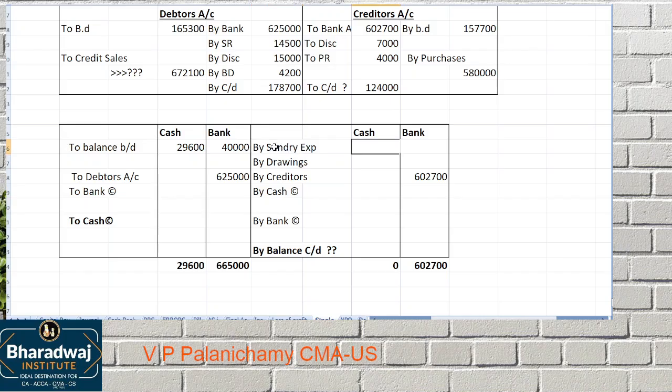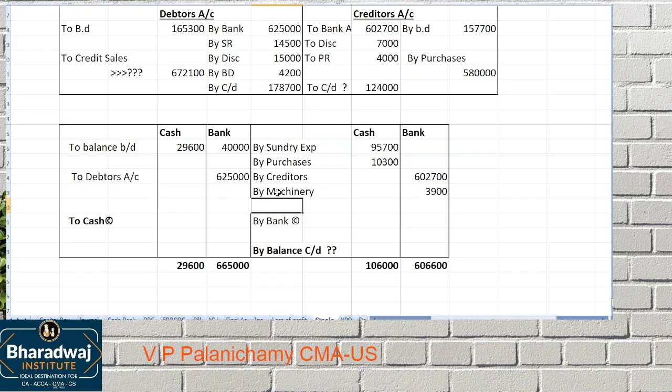How much is paid in cash? 95,700 spent in cash, paid. And then purchases for cash. How much? 10,300 is given. Then paid by check for machinery. How much is paid for machinery? 3,900 paid by check for machinery is given.